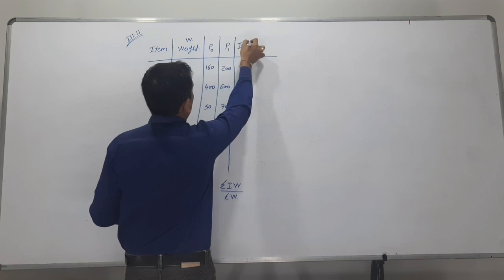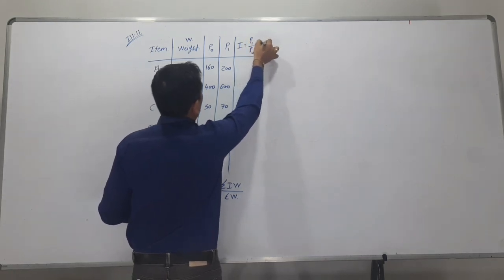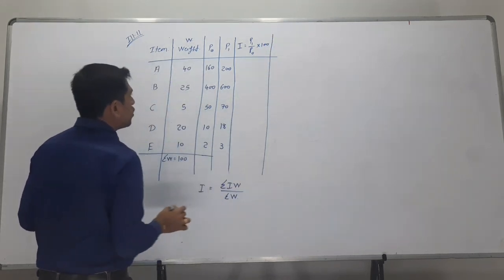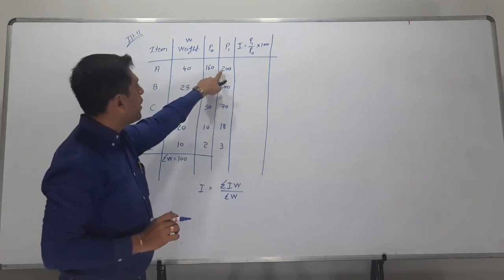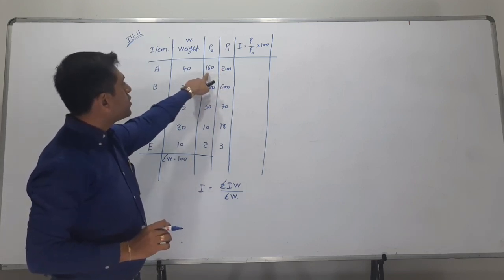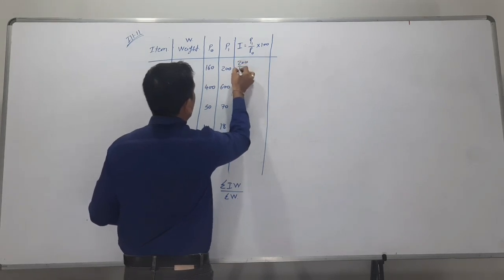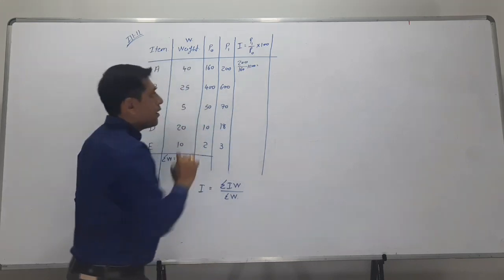I is equal to P1 upon P0 into 100. So here we write P1, that is 200, upon P0, that is 160. 200 divided by 160 into 100, that is your I.